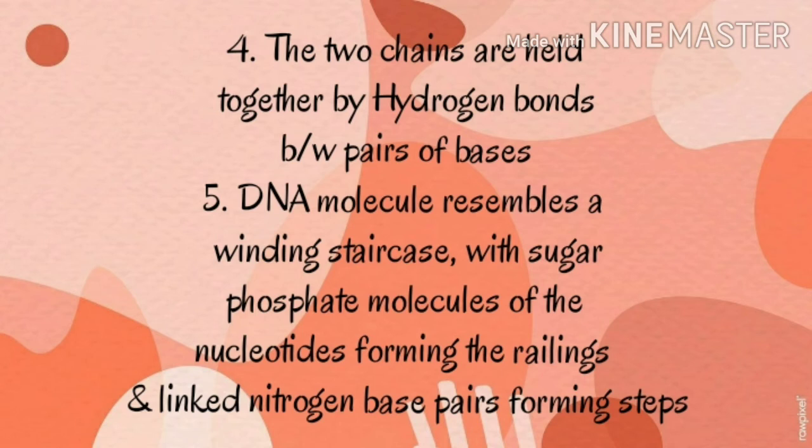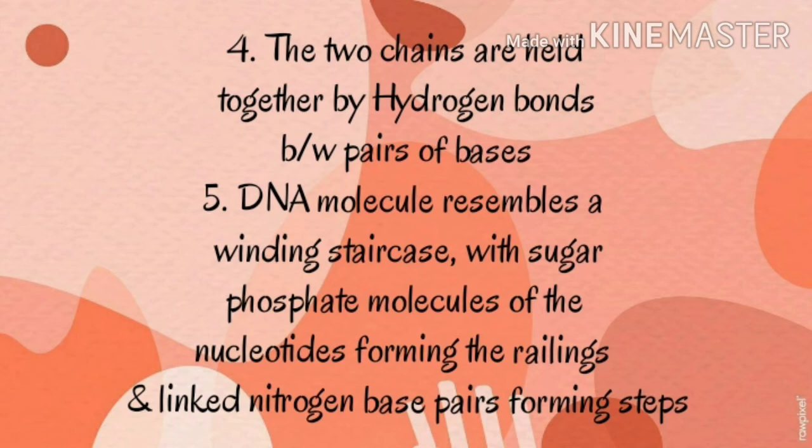The two chains are held together by hydrogen bonds between the pairs of bases. I have already told you that adenine and thymine have 2 hydrogen bonds in between, and guanine and cytosine have 3 hydrogen bonds in between, which makes them come closer. This DNA molecule resembles a winding staircase, with the sugar phosphate molecules of the nucleotides forming the railings and the linked nitrogen base pairs forming the steps.